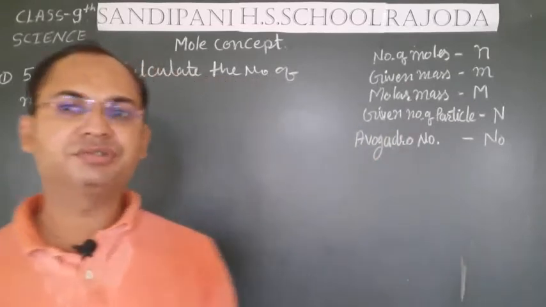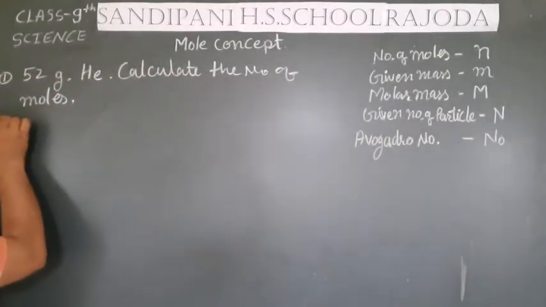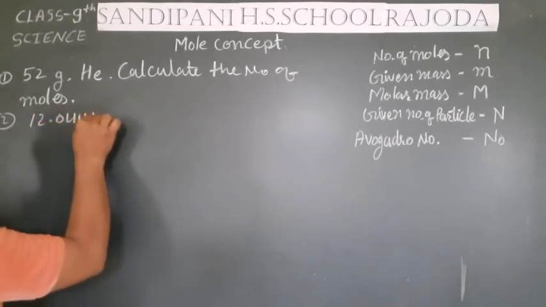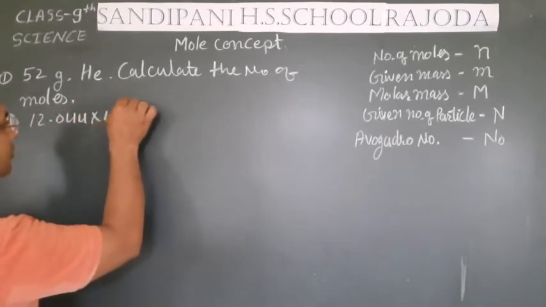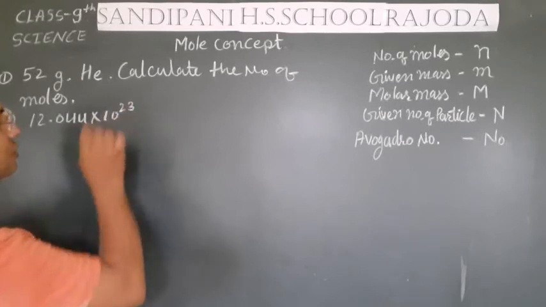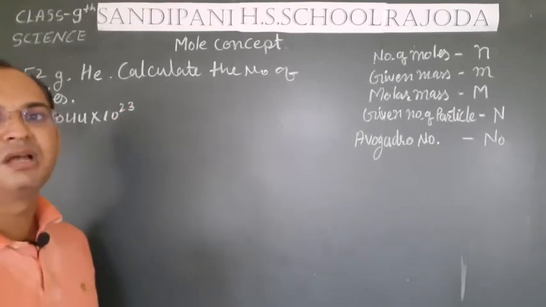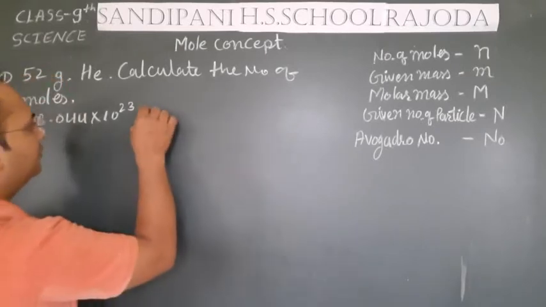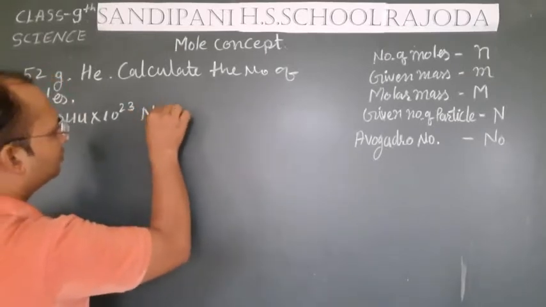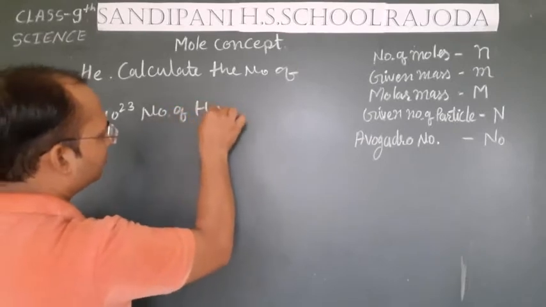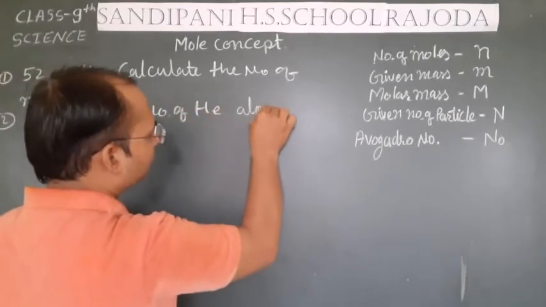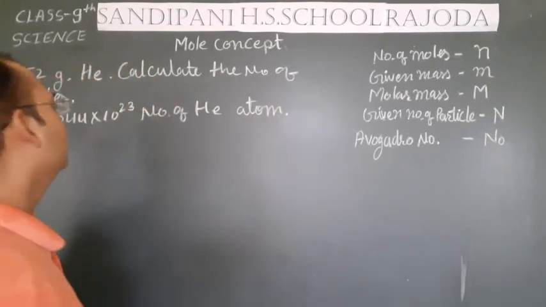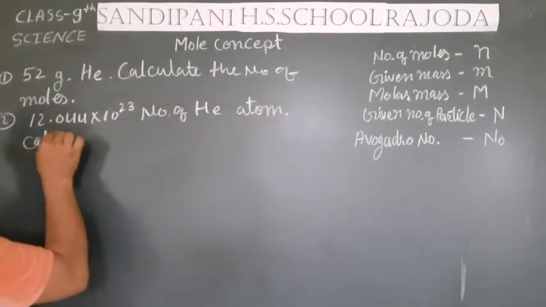Second type of question can be asked that 12.044 into 10 to the power 23 number of helium atoms are given. Or we can say molecule, it may be molecule or atom, then calculate the number of moles.